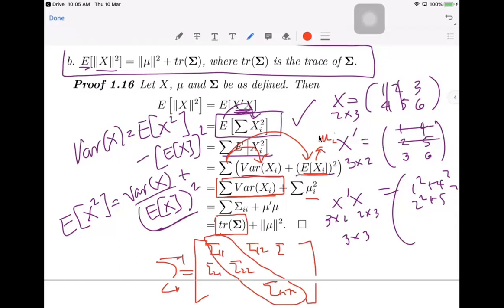By definition, the trace of a matrix A is the sum of the diagonal entries of A. Correct? So this summation of the variances is equal to the trace of your sigma. And this one, by notation, can be mu prime mu, which is the square norm of mu.